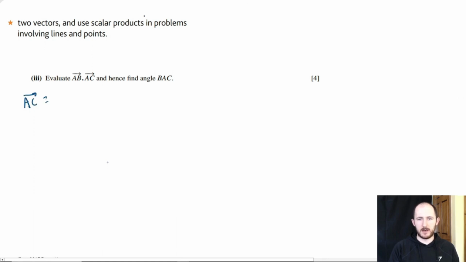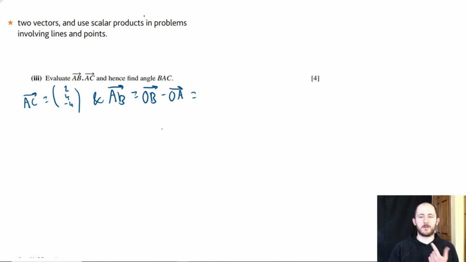And if you want, you can go back and work them out, but this is what the vectors should be. So AC is 2, 4, minus 4. And AB is... So again, we know what AC is because we worked it out. AB would be, again, OB minus OA. And again, it's just the vectors from the previous question.